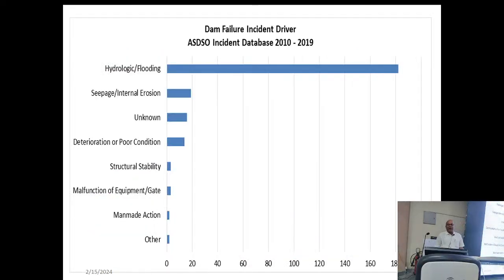This is from the held by the safety organization, that dams have the most dam failure.